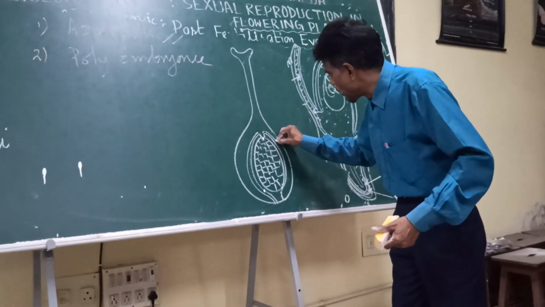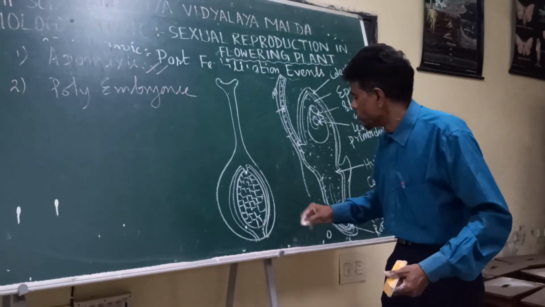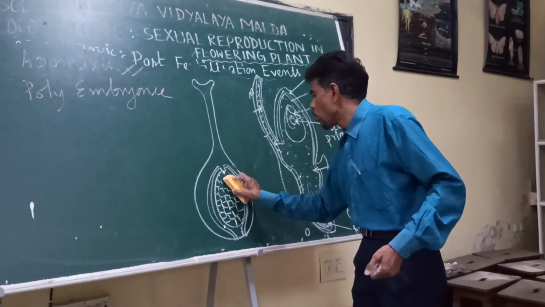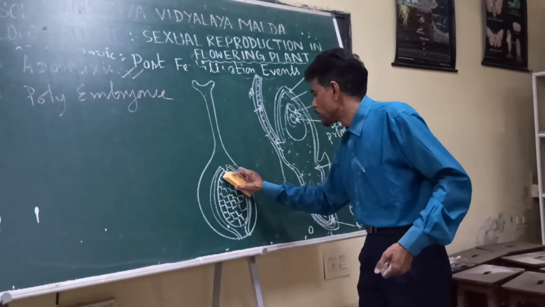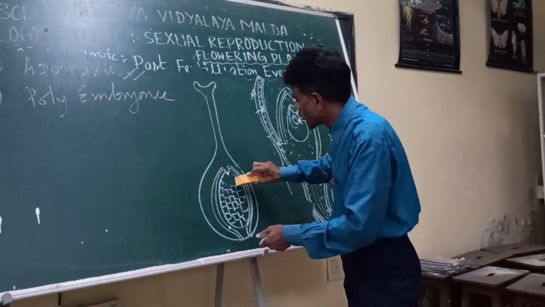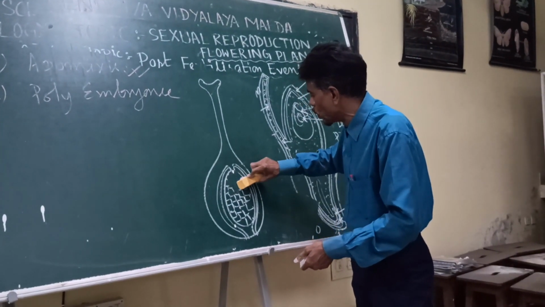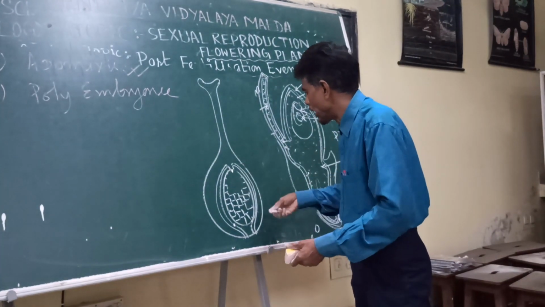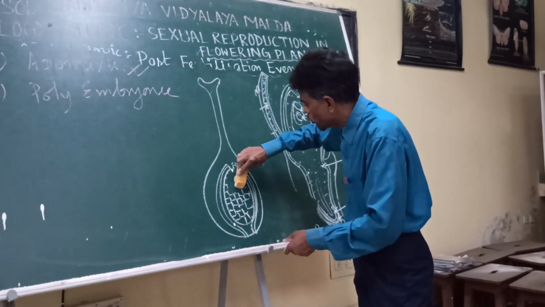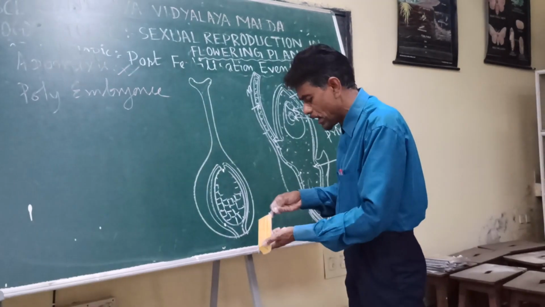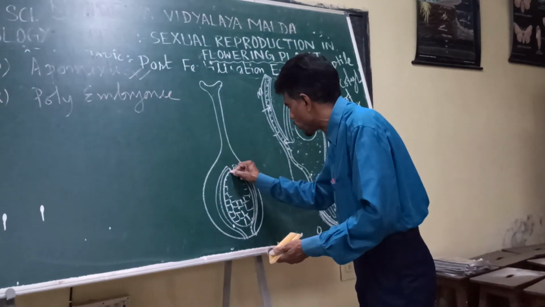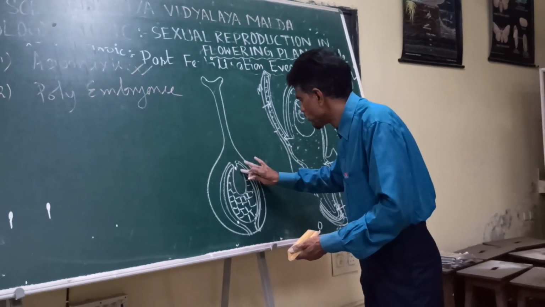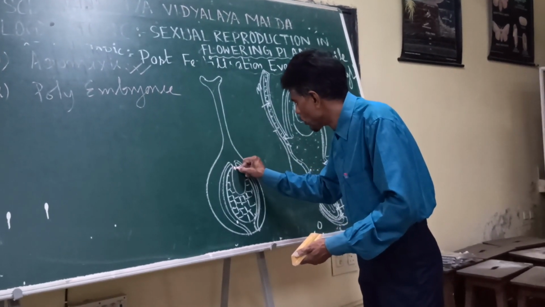Now during the time of embryo sac formation, towards the micropylar end, one of the nucellar cells becomes highly developed and is converted into the embryo sac.